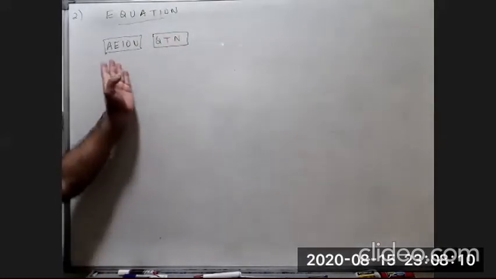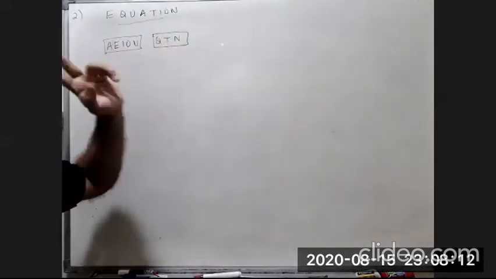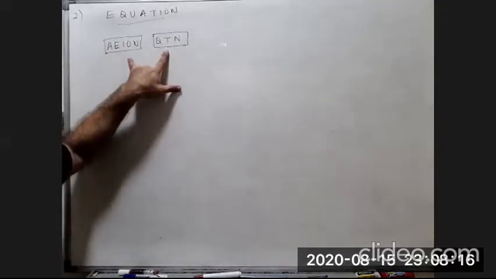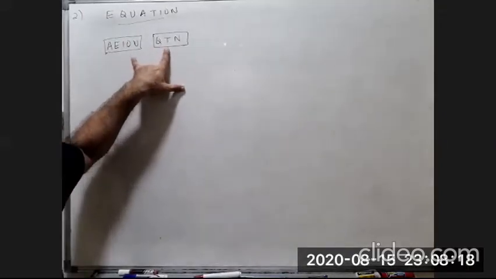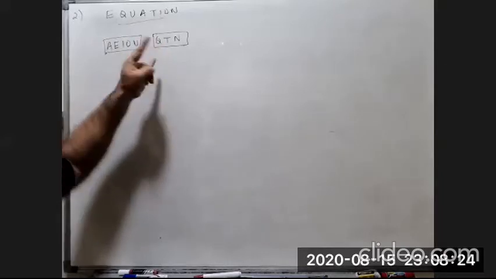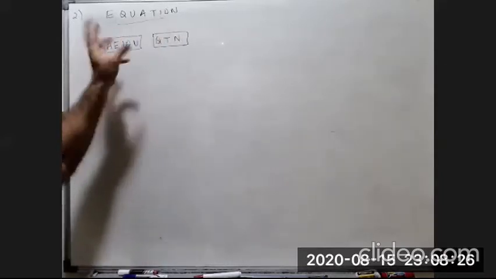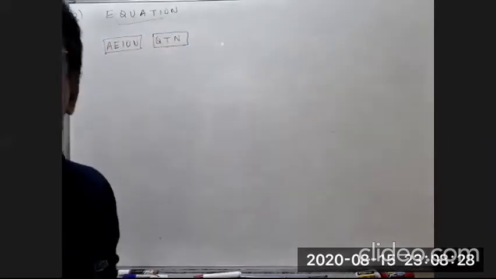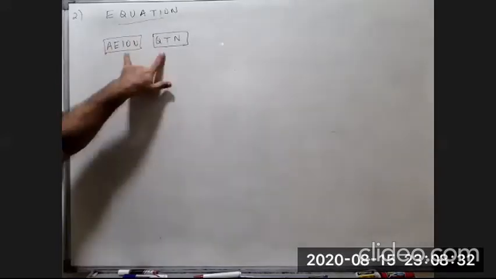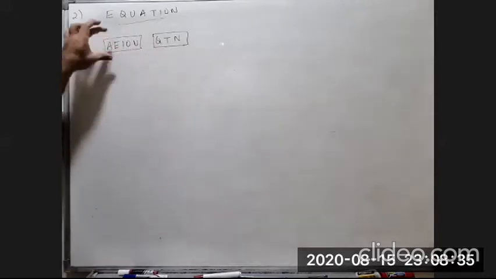So all vowels and consonants should be together. That means in the 2 boxes. These 2 boxes can be arranged in how many ways? 2 factorial ways. 2 factorial means 2 ways. This way or this way, right? This box coming here. So these 2 things can be arranged in 2 factorial ways.